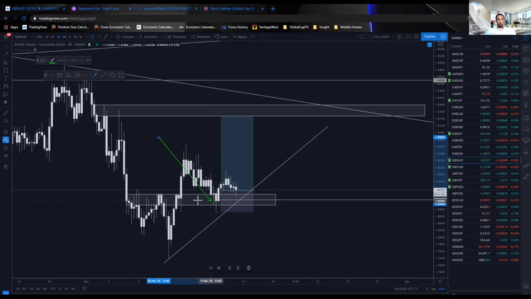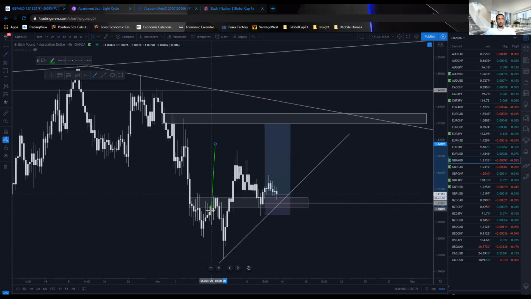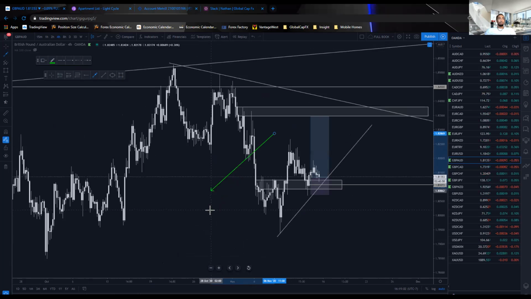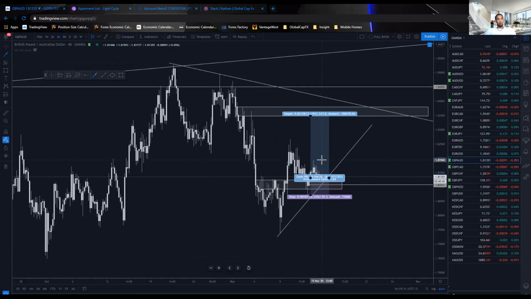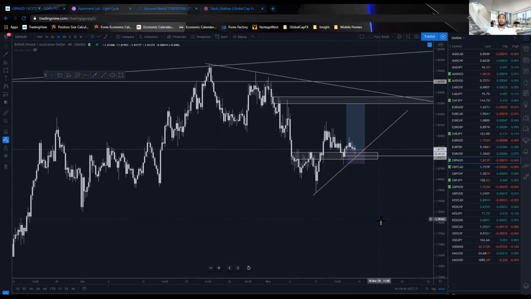So when I make my levels, I not only try to identify areas that have wicks, but also areas that have rejection candles in them, because based off previous research and previous trades, the confirmation is a lot stronger when you have those.